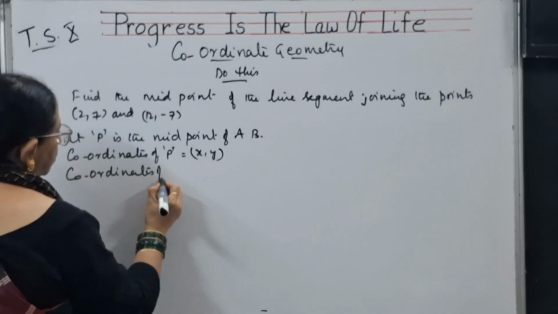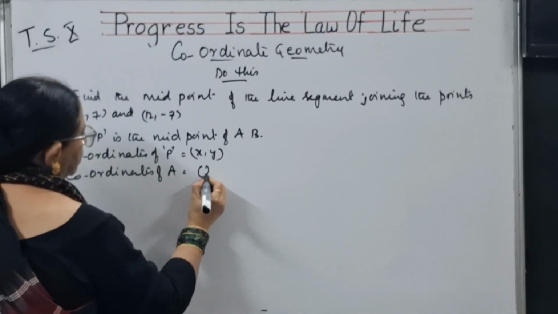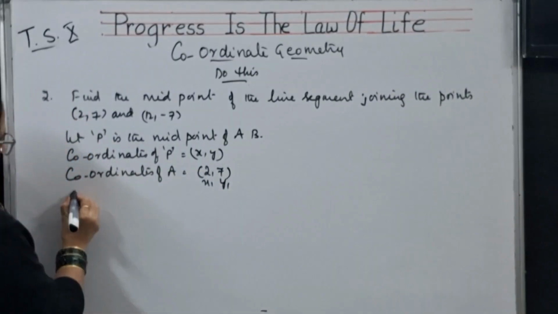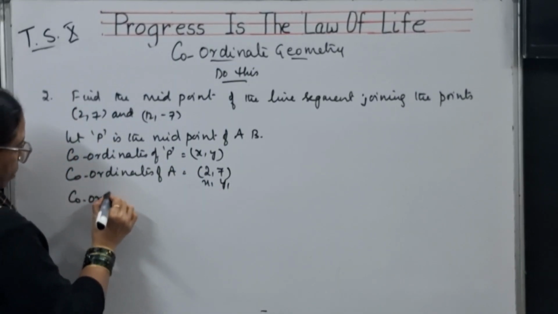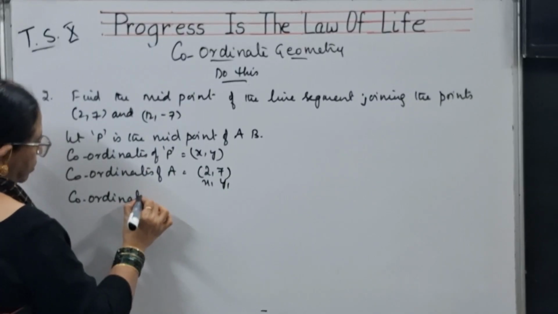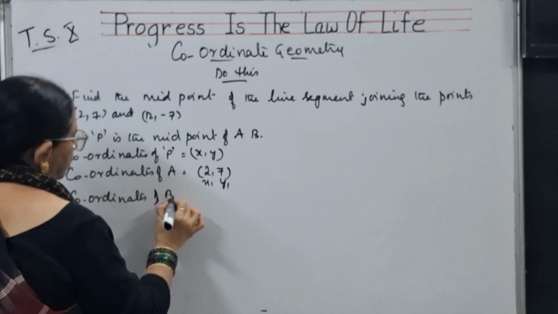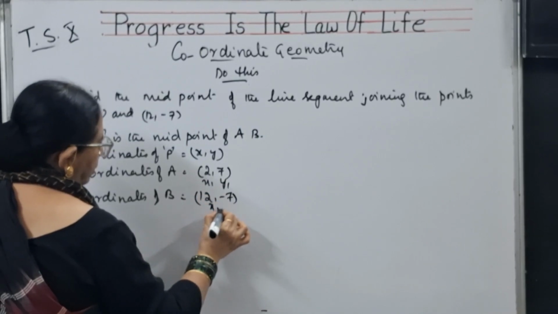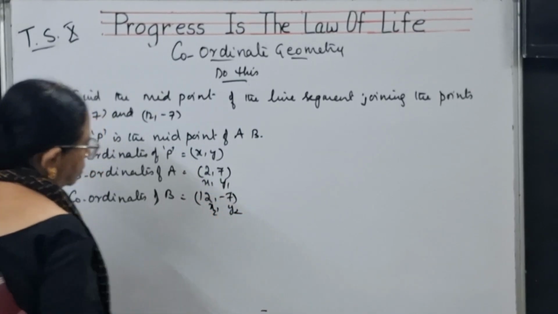Coordinates of A is equal to 2, 7, x1, y1. Coordinates of B is equal to 12, minus 7, x2, y2.